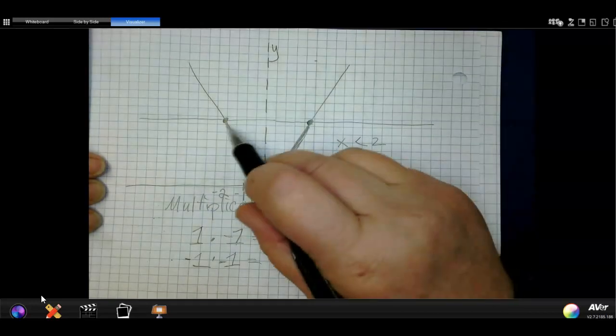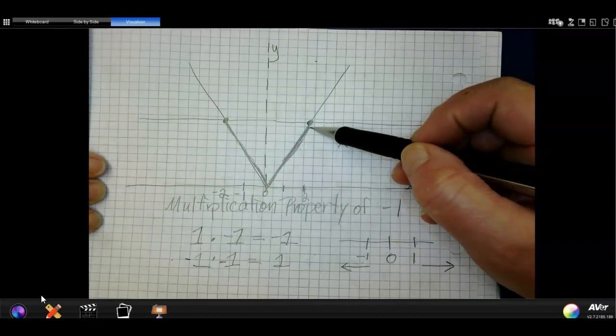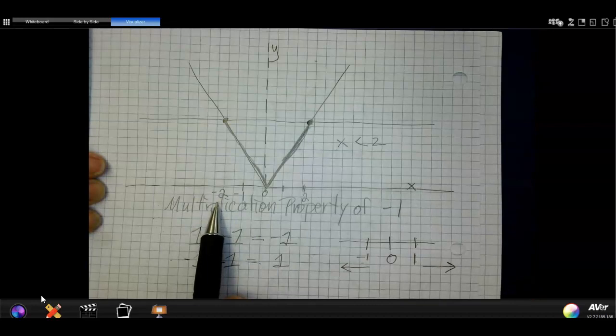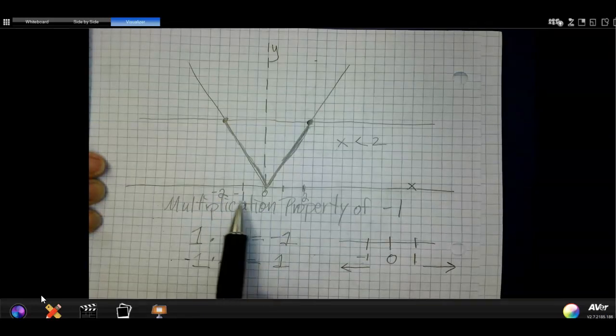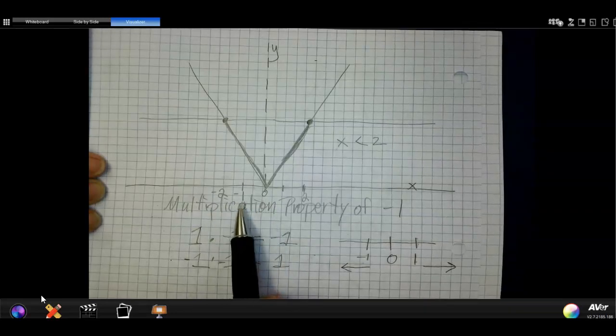Okay? I hope you're starting to see that this is forming a different kind of graph altogether that I will explain in a minute. But note, young people, on the negative side of the number line, as the magnitude of the numbers gets smaller, these numbers are actually getting larger.